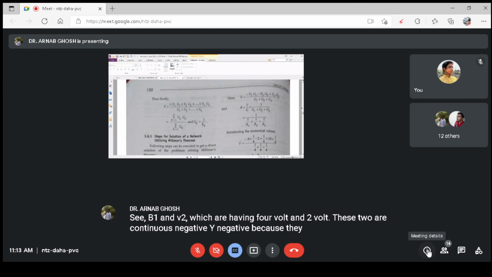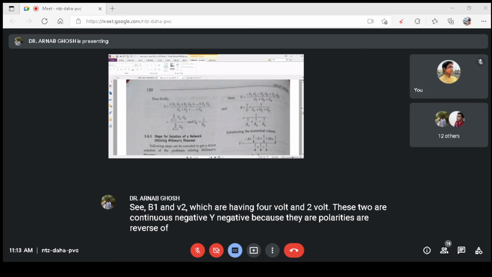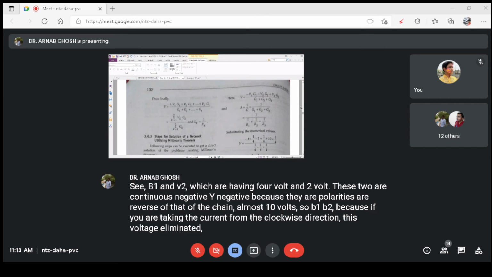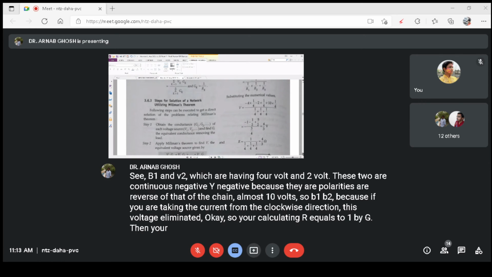Because their polarities are reverse of that of the 10. So V1, V2, because if you are taking the current in the clockwise direction, this voltage will be negative. Okay, so you are calculating R equals 1 by G, then substituting the values and getting the value.